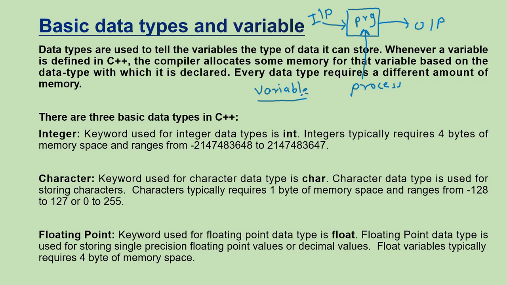Therefore we have to create the variable according to our input type. So what is input type? Data type. Input is nothing but data we are going to give to the computer.